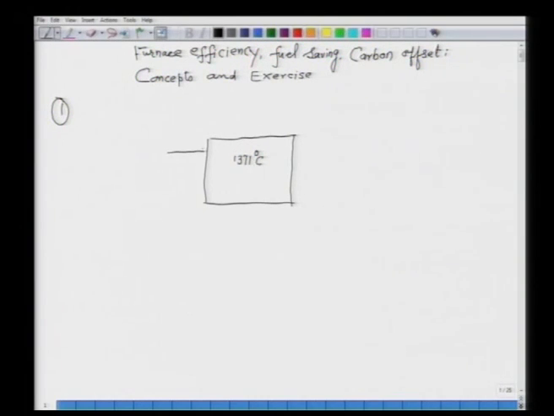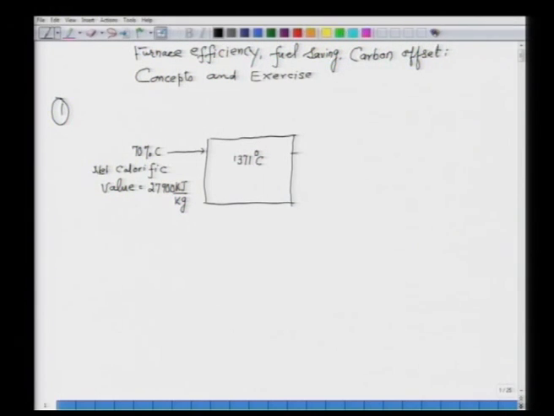The input is a fuel which is 70% carbon, and its net calorific value, which is also called low calorific value, is given to you: 27,900 kilojoule per kg.